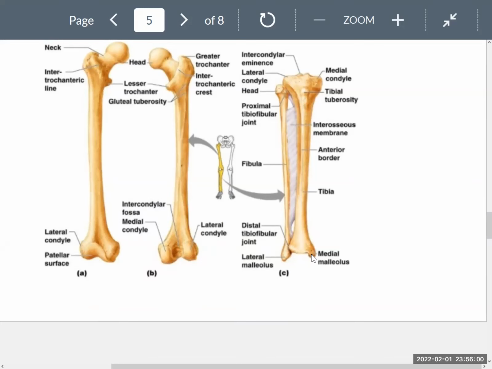Left to our own devices, we would mispronounce that word all of the time. Okay, this is the medial malleolus. At the end of the fibula is the lateral malleolus. And these two together make an arch that helps to hold the foot.